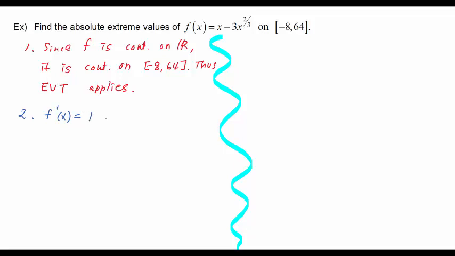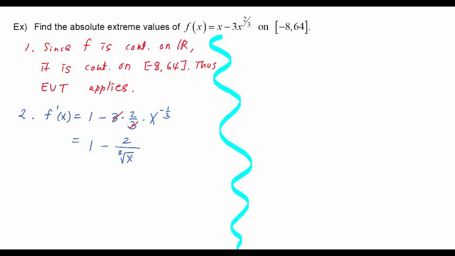That's 1 minus 3 times the derivative of x to the 2/3 power. We move the power down to the front, and we lose 1 power, and 2/3 minus 1 is -1/3. Then we can cancel the 3's, and I can rewrite this with no negative exponent, and it will give me 2 over cube root of x.